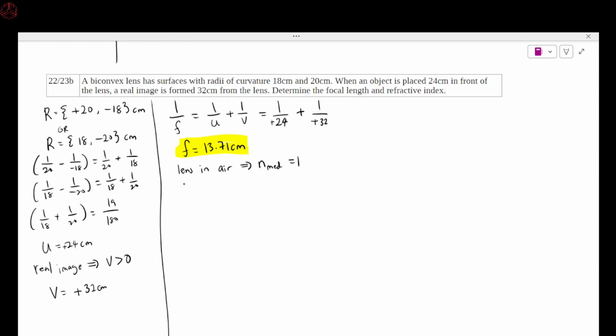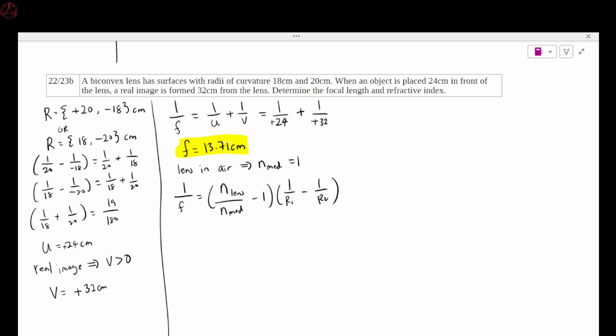Okay, so then I have 1 over f equals n of the glass, the refractive index of the lens, over n of the medium, minus 1, then times 1 over r1 minus 1 over r2.